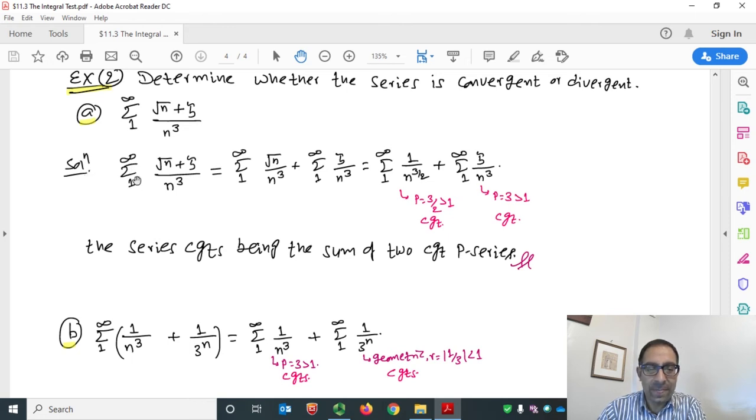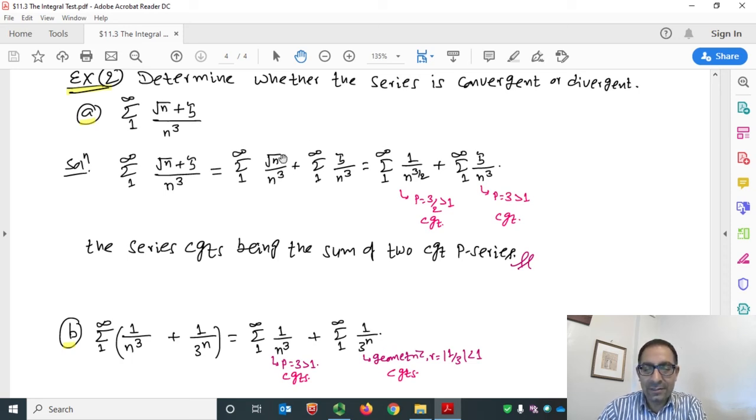So here, let me rewrite the given series. I can distribute this n cubed to both of these numerators. So I can rewrite the given series equals summation n equals 1 to infinity of radical n over n cubed, plus summation of 5 over n cubed from n equals 1 to infinity.